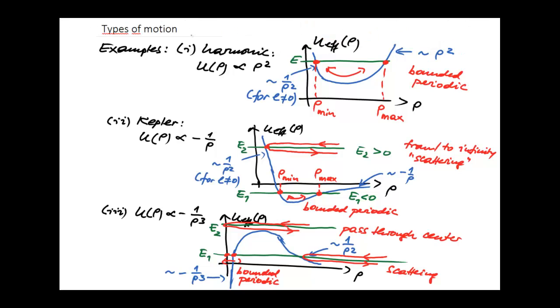And again here, for all these cases, it's for angular momentums different from 0. So depending on the potential we can have qualitatively these different types of motion.